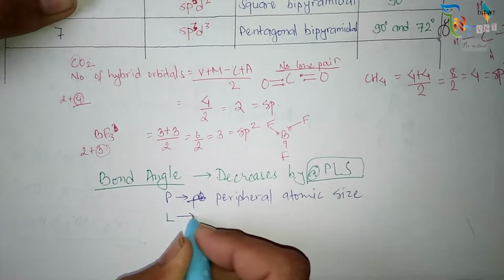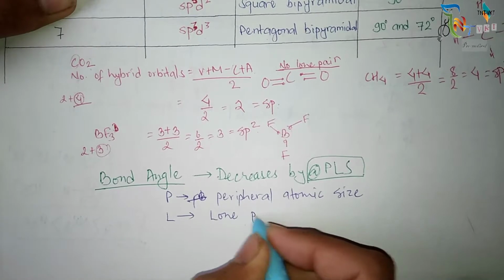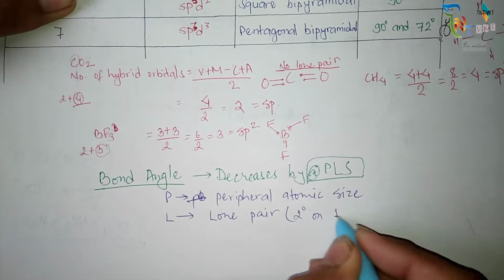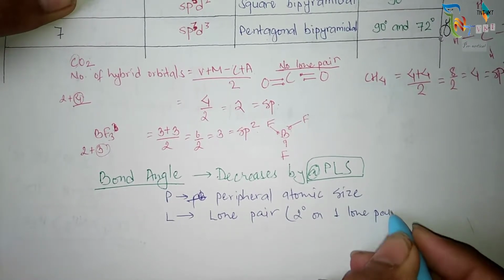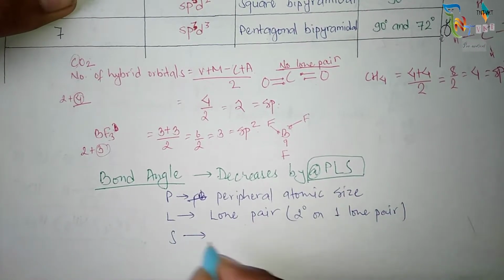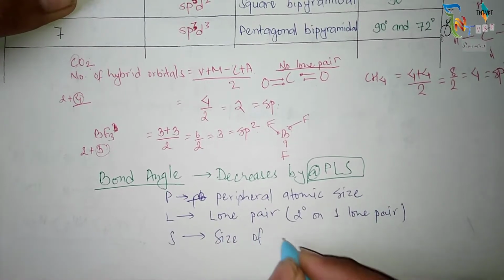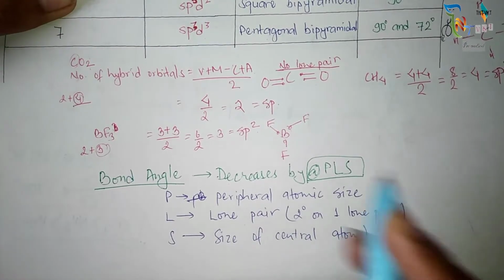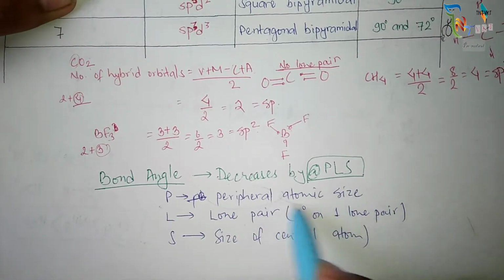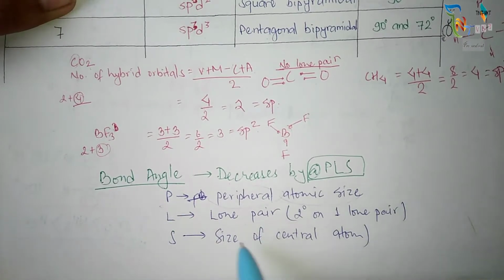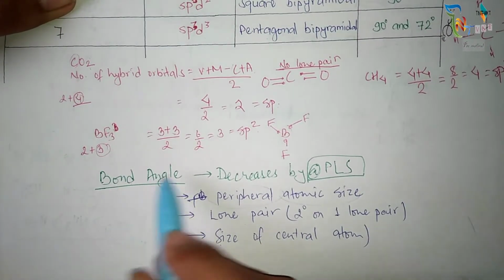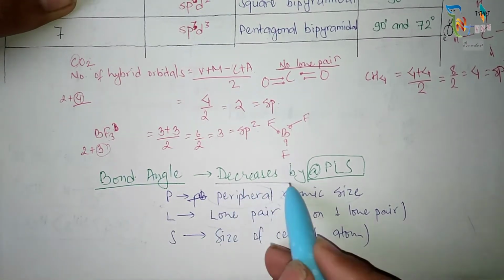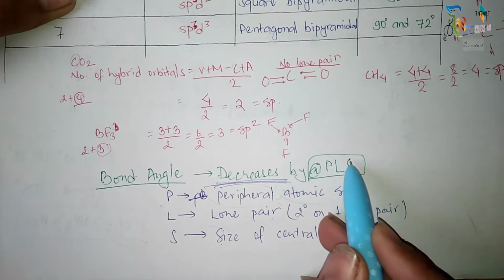L means lone pair: 2 degrees on one lone pair, as discussed just now. And S means size of the central atom. When the peripheral atomic size is more, bond angle decreases. When the size of the central atom is more, bond angle decreases. And when the number of lone pairs increases, bond angle decreases. So bond angle decreases by PLS.